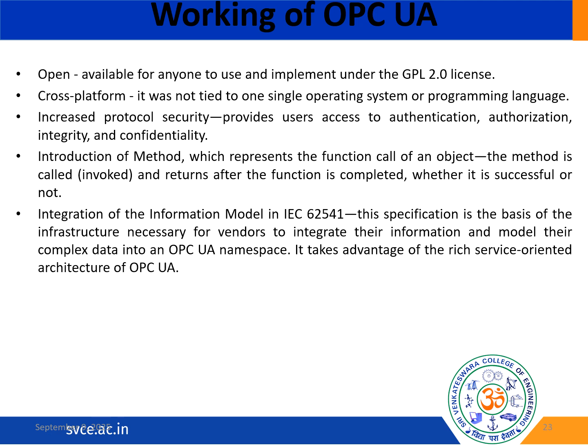The first specification of OPC UA was published in 2006, and the latest version 1.04 was released in November 2017. It has added a publish-subscribe communication infrastructure, and it has also introduced new security policies. Based on the increased protocol security, it provides users authentication, authorization, integrity, and confidentiality.